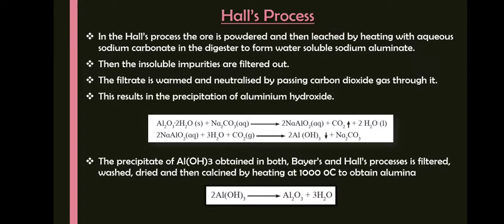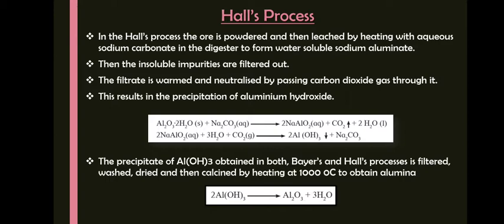Which filtrate? The filtrate which is formed in the next reaction, that is Al(OH)3, aluminium hydroxide. Followed? In the first reaction what is formed? Sodium aluminate. Then this reaction leads to the formation of aluminium hydroxide, correct? Which will be neutralized by passing carbon dioxide through it. So ultimately forming sodium carbonate.